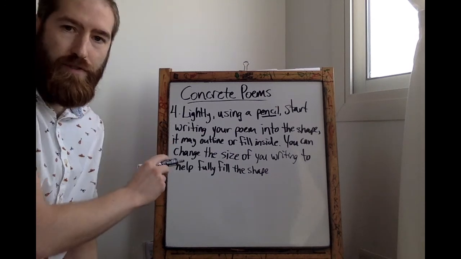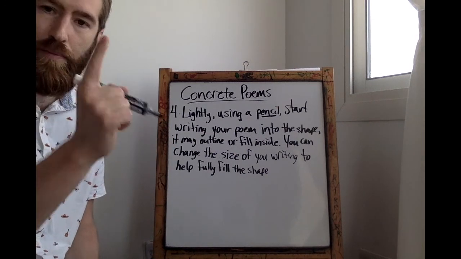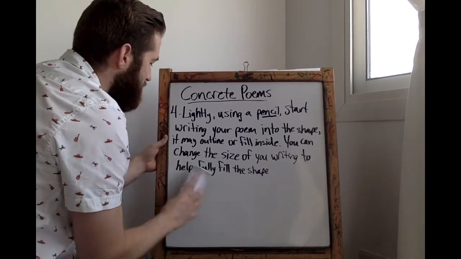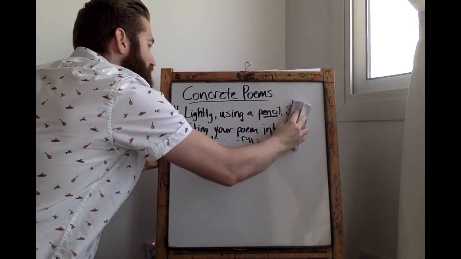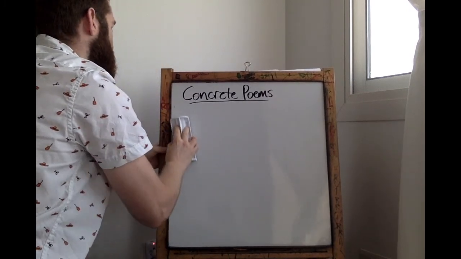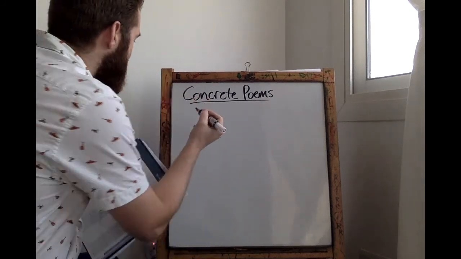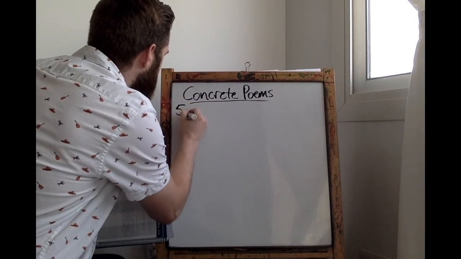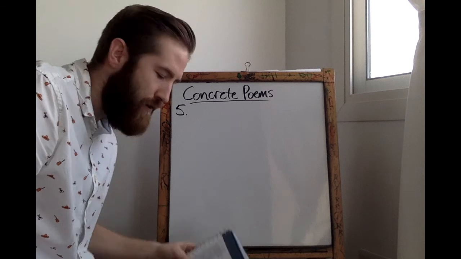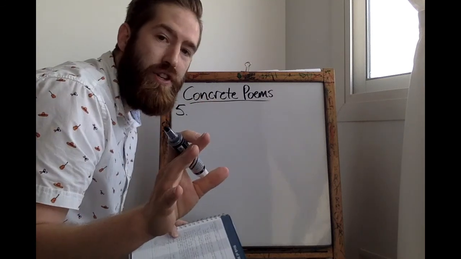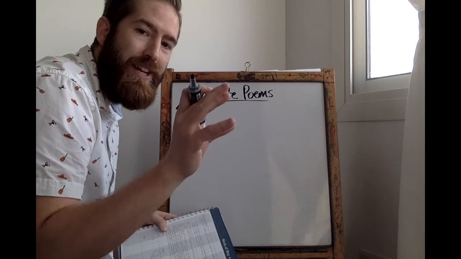So, that is step 4. We have one more step. Cue speed up. Okay, step 5. Step 5, here we go. Finally, this is after you've written your poem into the shape.